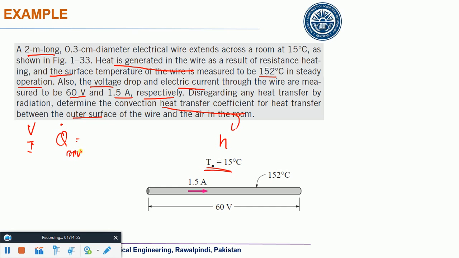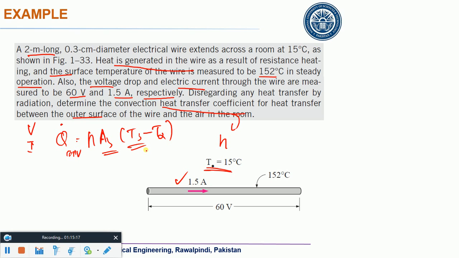So Q dot convection is equal to what? hA_s(Ts minus T infinity). Can you find out this surface area? This is the cylindrical area of the wire, isn't it? This is where the surrounding air is interacting with this wire.